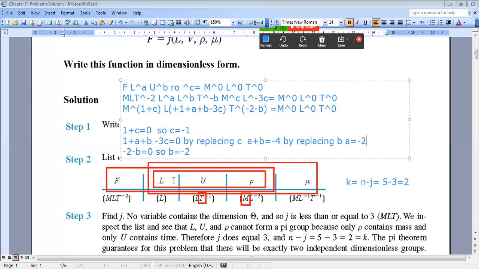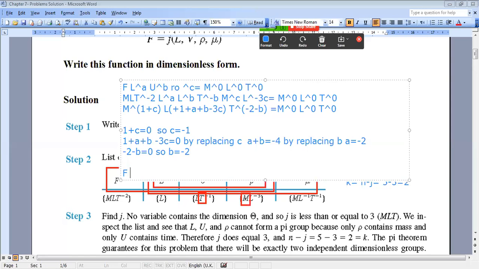And what is this group now? I can write my group. My group is f times l to the power a, so l to the power minus 2, times u to the power also minus 2, and finally for c it's minus 1, so times rho to the power minus 1.